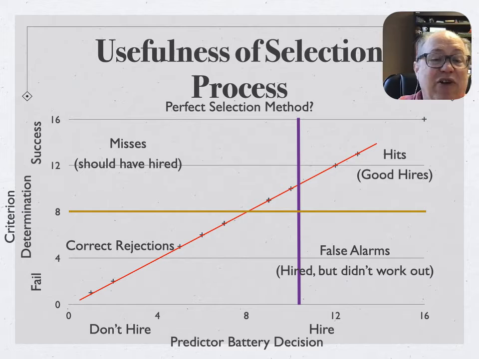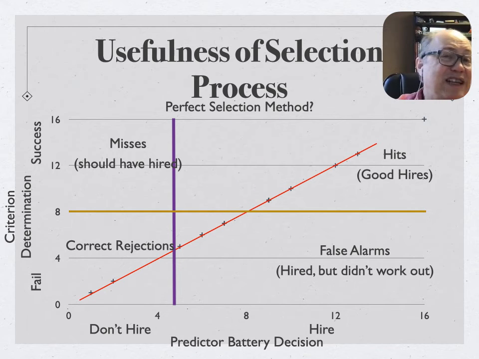That's because we had our criteria set too high, even with a perfect relationship between our predictor battery and our criterion. Even with a perfect relationship, we can still misuse it in a sense by setting the decision point in a place where we don't get the optimal possibilities of decisions out of it.